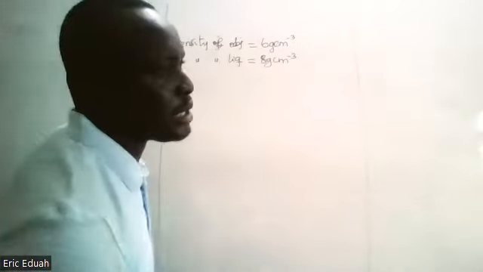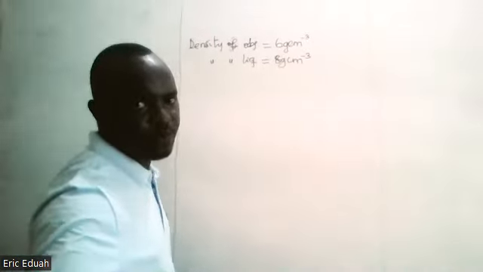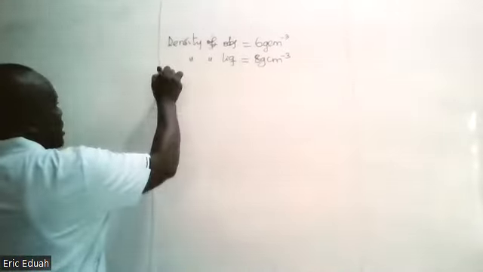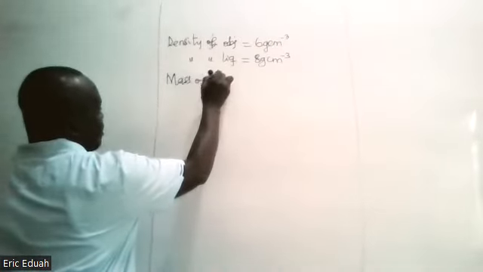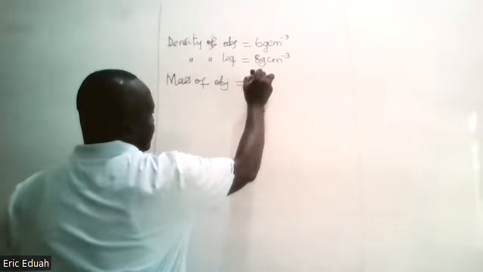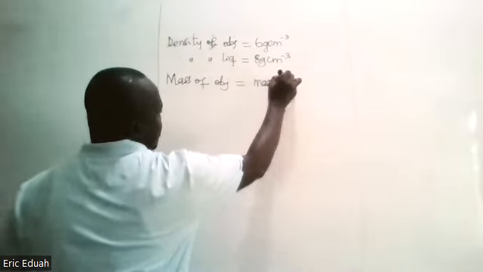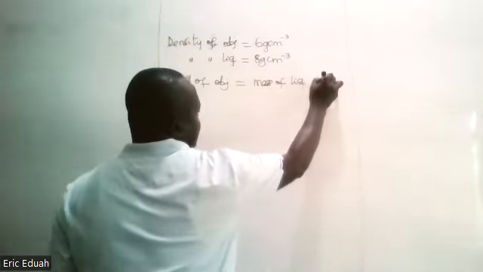So you state the condition for an object to float or to stay afloat, and that is: mass of object must be equal to mass of liquid displaced.